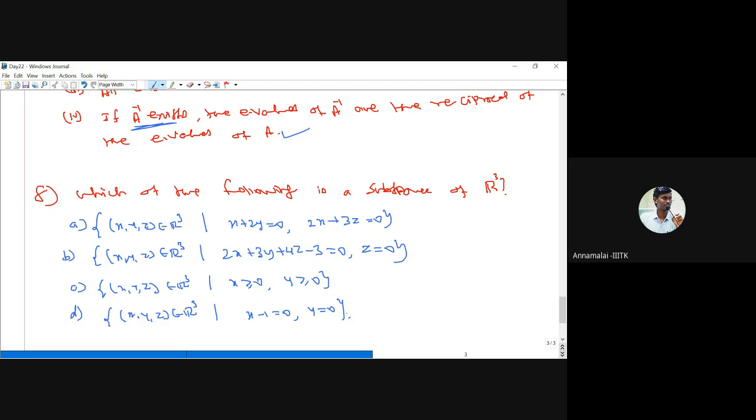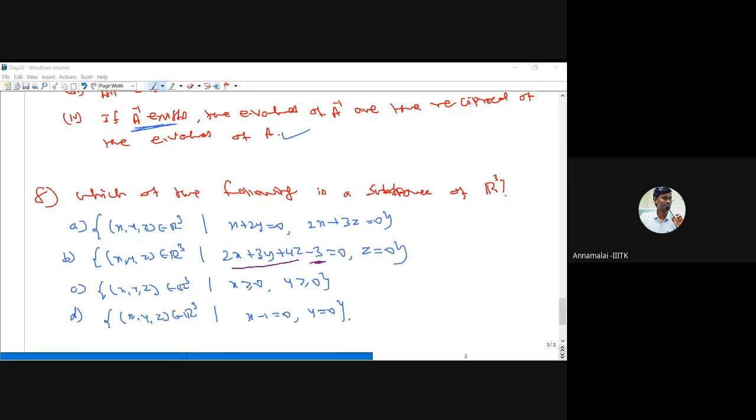Now clearly, a subspace must contain the zero element, (0, 0, 0). Look at the second set: (0, 0, 0) does not satisfy the condition, because if we substitute 0, these terms are 0 but the constant term is non-zero, giving minus 3 equals 0, which is not possible. Therefore, what is the correct answer?